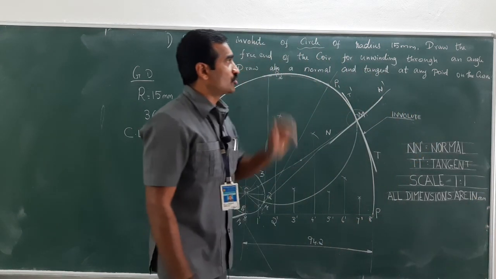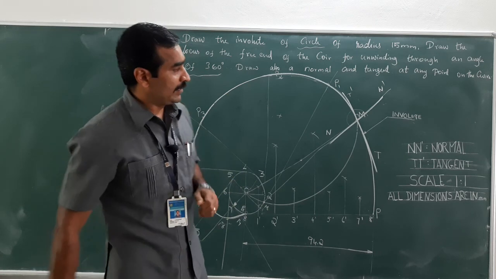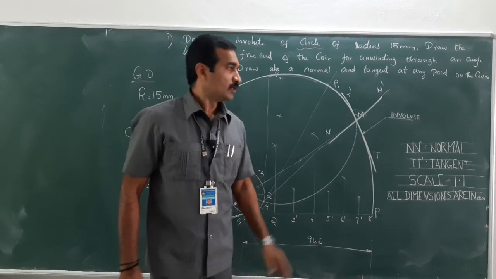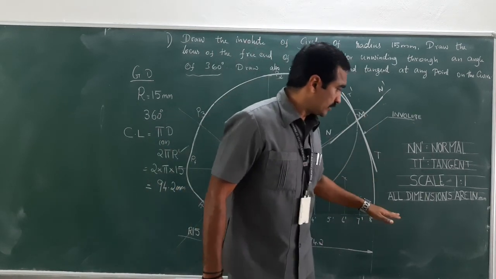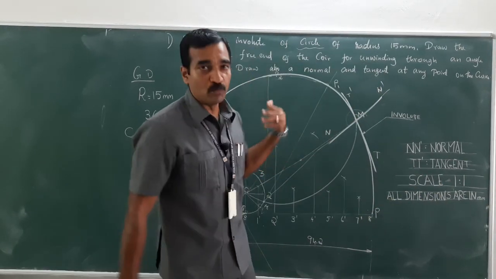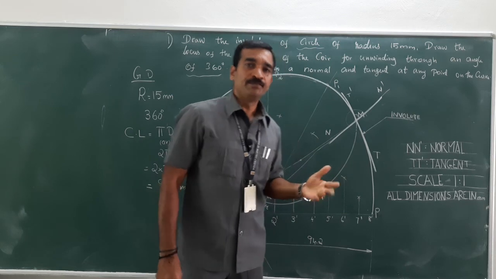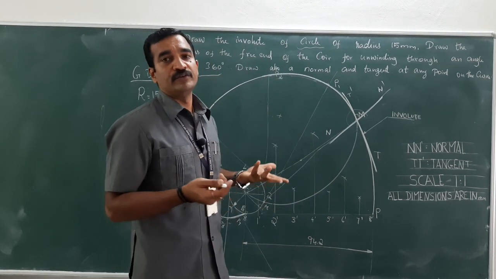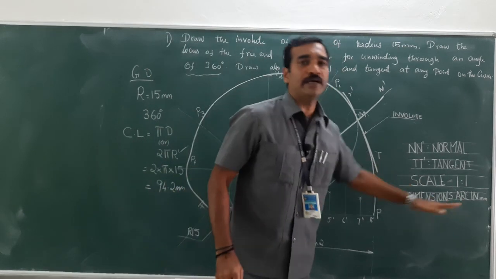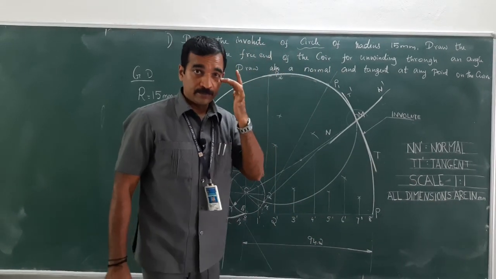Suppose in the question it is mentioned that name the curve. So I have already named here involute. Suppose it is asked, then you have to just open up one more guideline mentioning this curve is involute of a circle. That needs to be specified in the guideline.